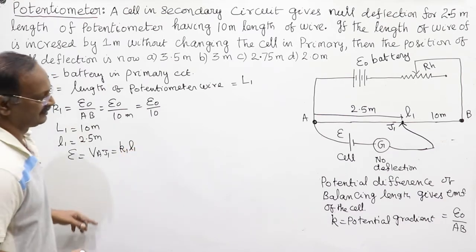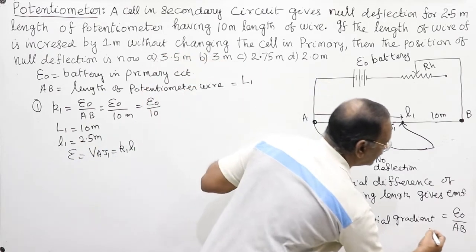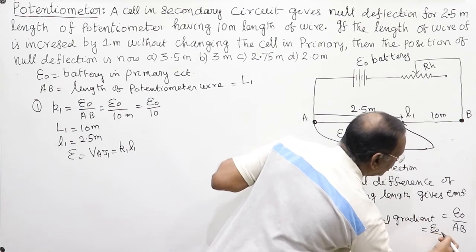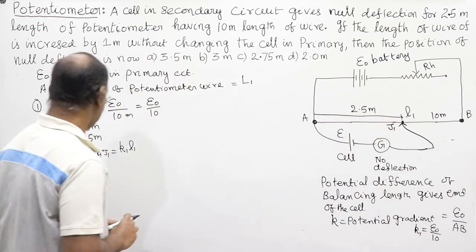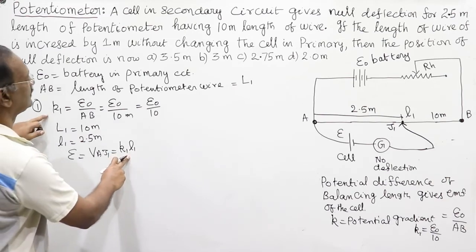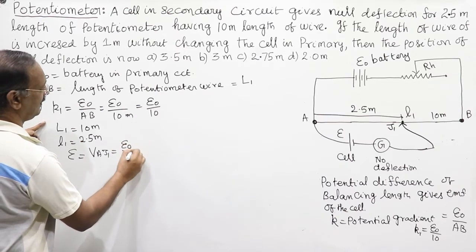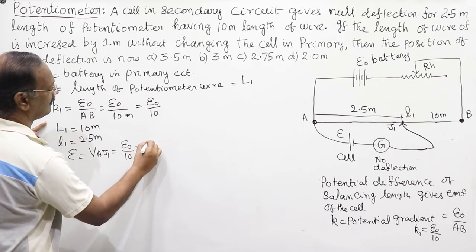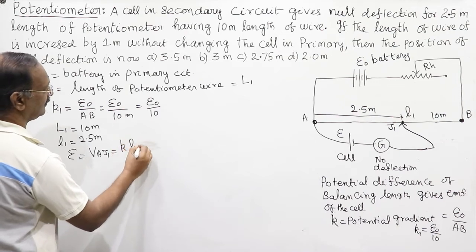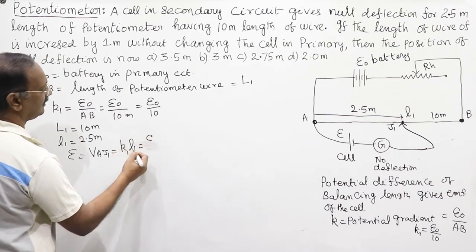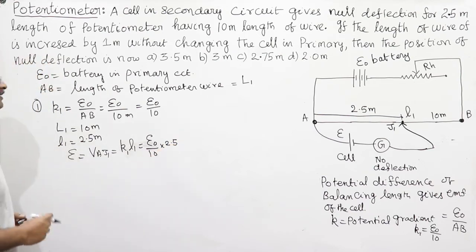K1 is epsilon naught by 10, and L1 is 2.5 in the first case.